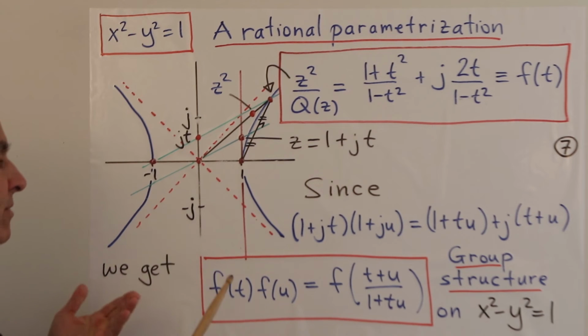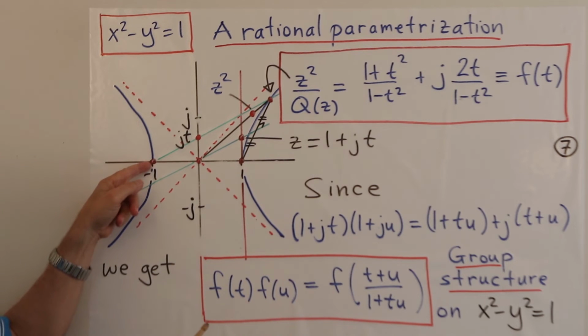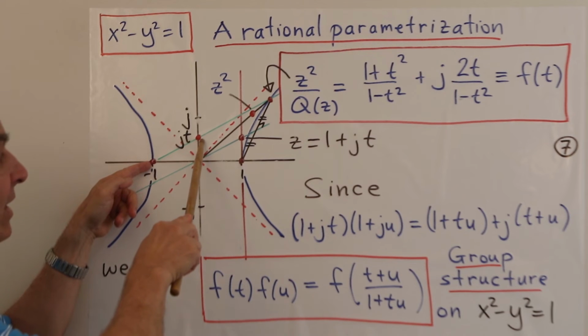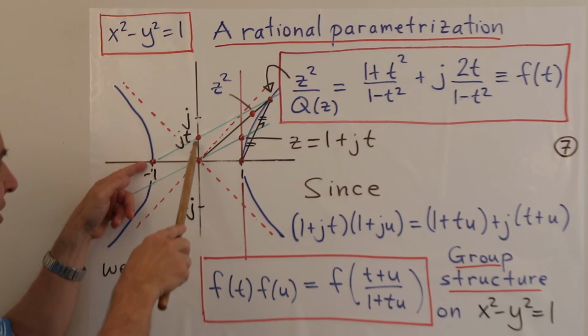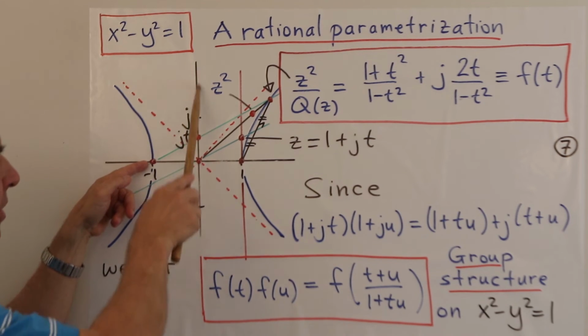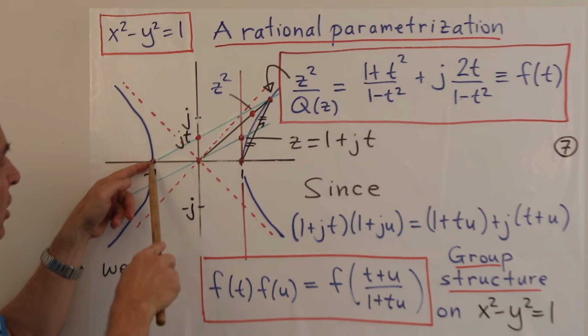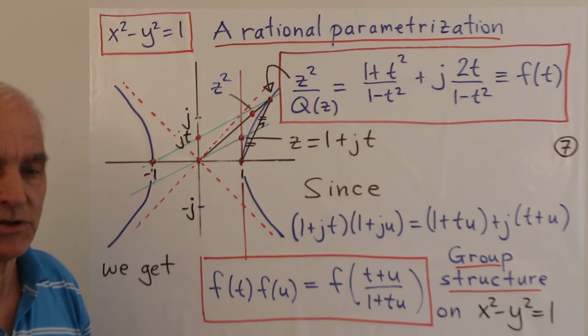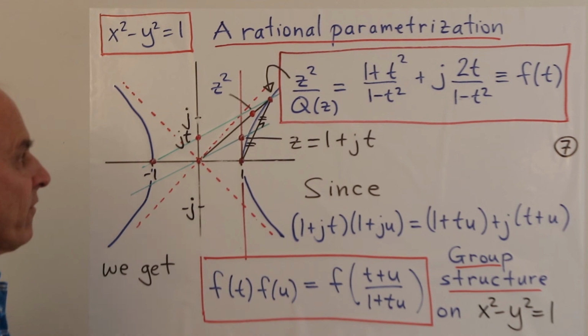And we can proceed pretty well exactly as we did for the unit circle. We can start with this point minus 1. We can choose a point j times t. j is our special number, so just t times that, somewhere on this y-axis. We can join minus 1 to that and see where the other point of intersection is with the curve.